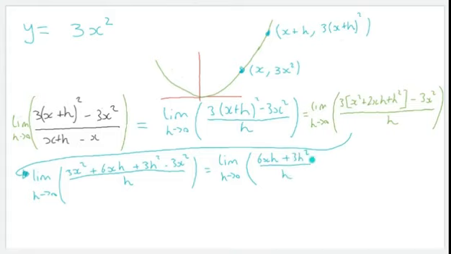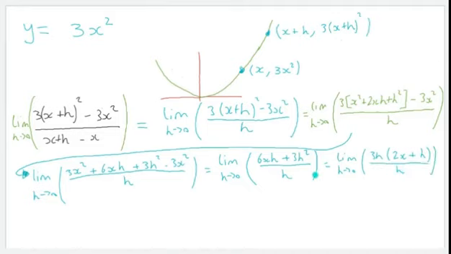Then you could take out the h in the numerator, actually, you could take out 3h, giving you 3h and then in brackets 2x plus h, all divided by h. Sorry, not 6x, because you take out 3, so 2x.